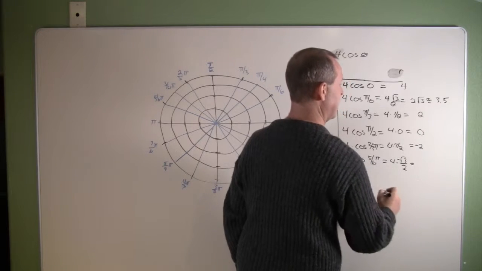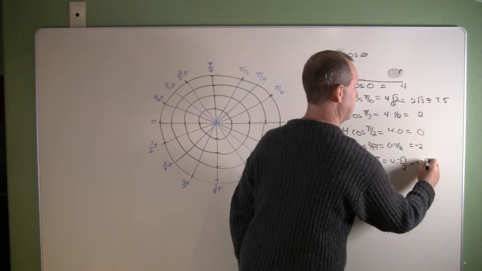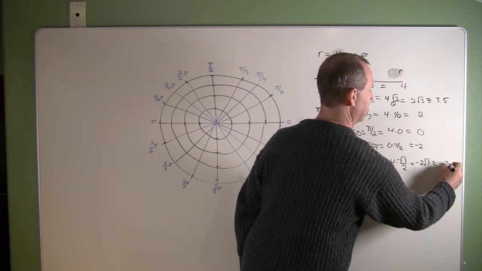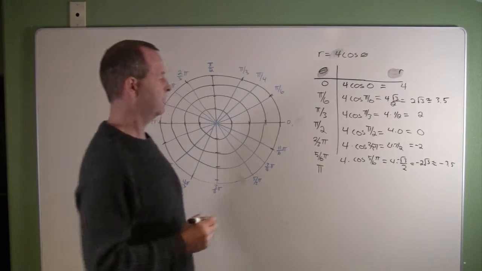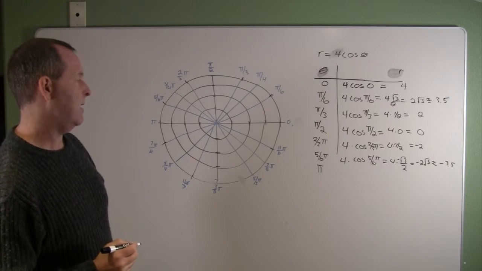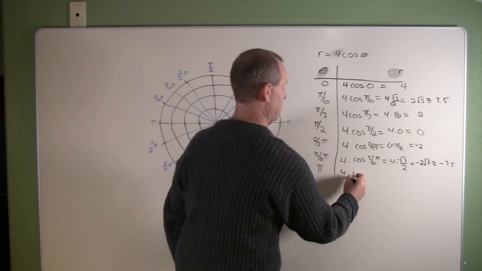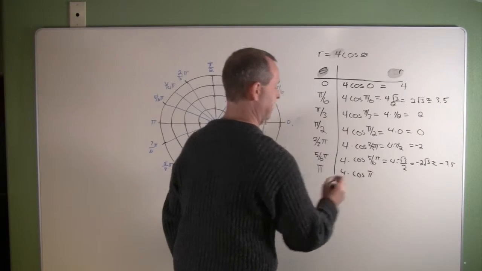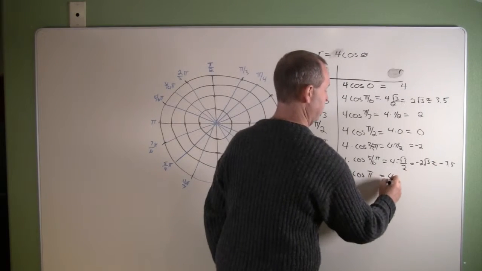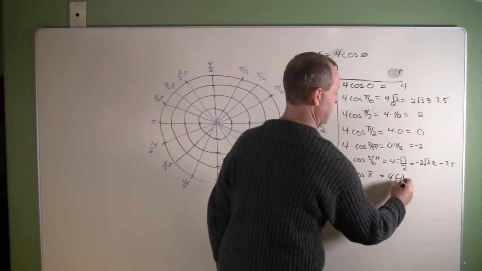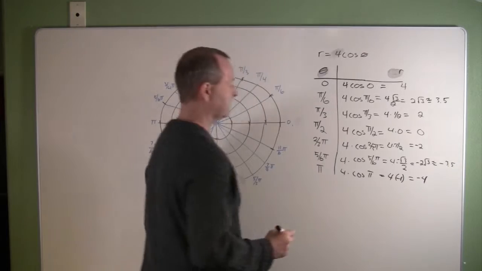That equals negative 2√3, or approximately negative 3.5. And then my last one was pi. 4 times the cosine of pi, and cosine of pi was negative 1, equals negative 4.